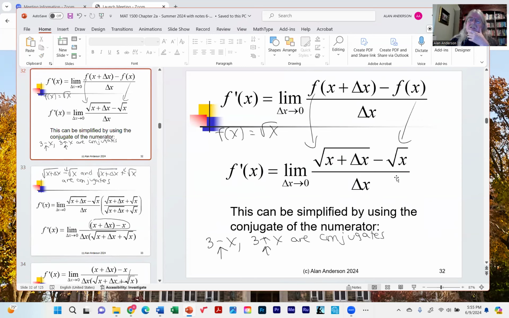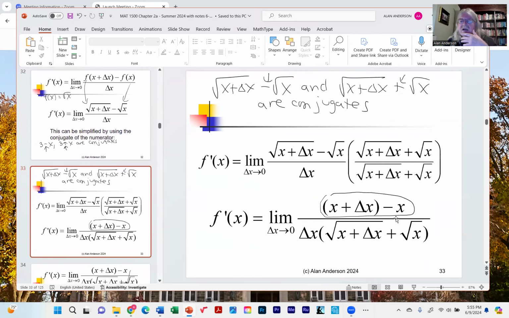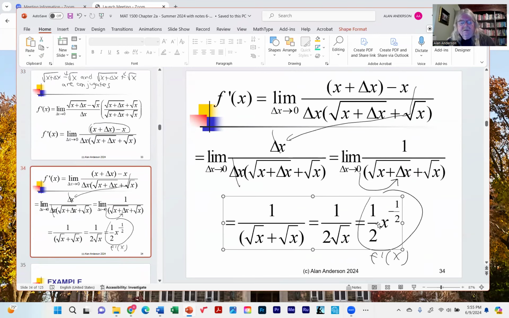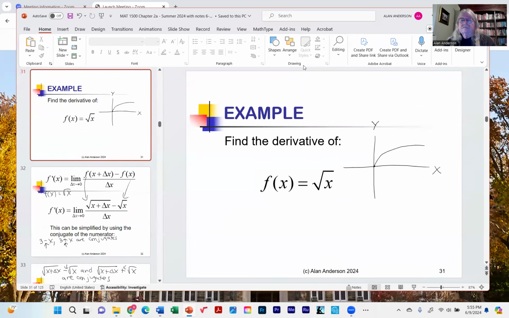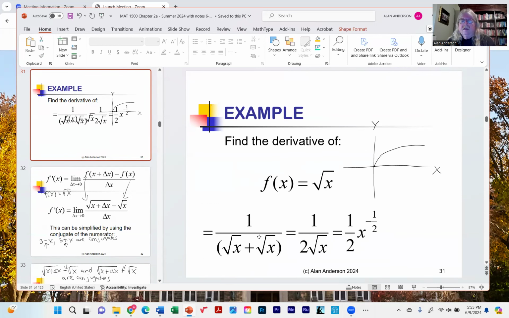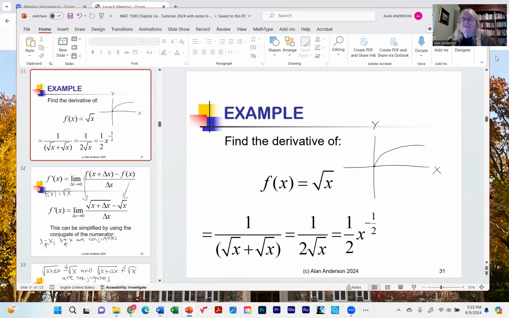So now if I do need to know, let me just copy this. So f prime of x ultimately equals 1/2 x to the minus 1/2.